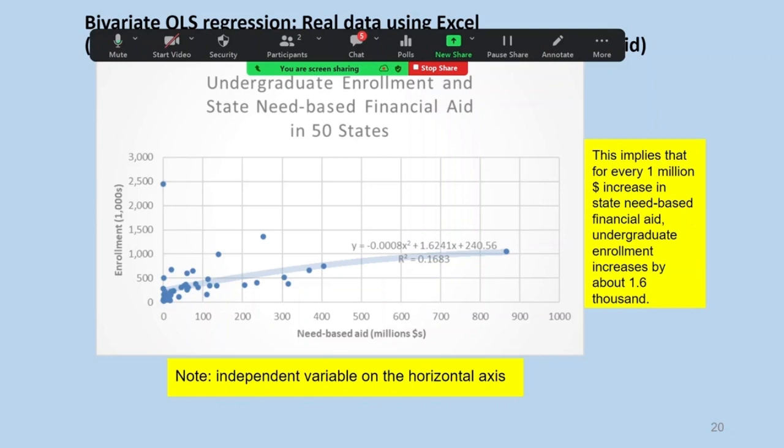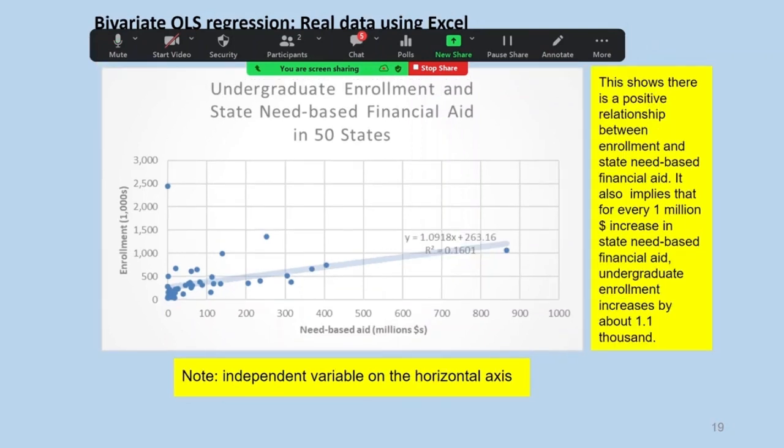But if you do that, you see it changes slightly here. This becomes 1.6. In the previous slide, it was just what? 1.1. So there are implications for the model that you use with regard to the results that you get.